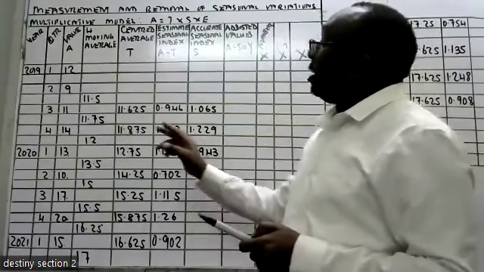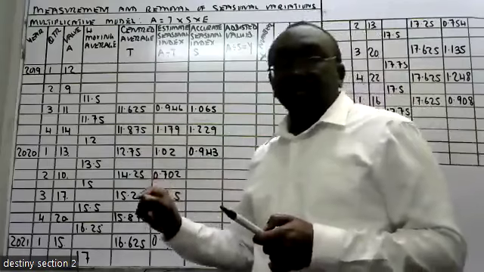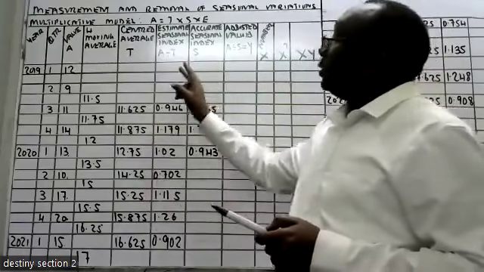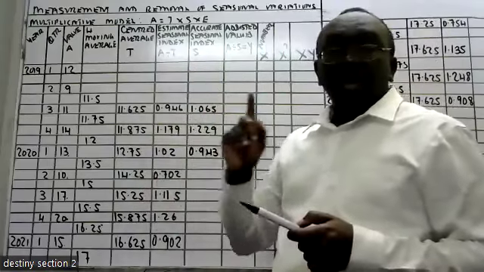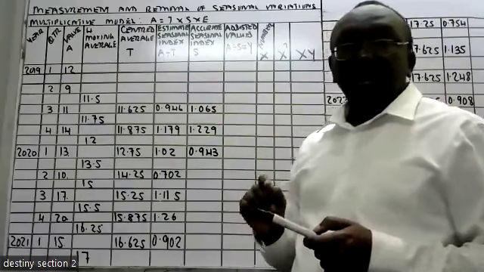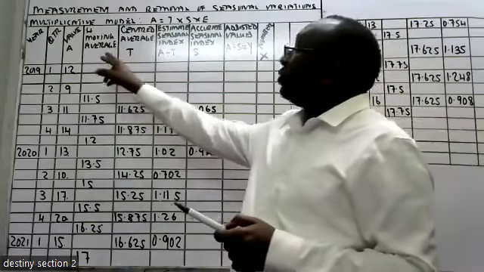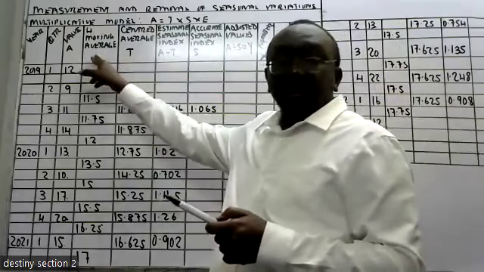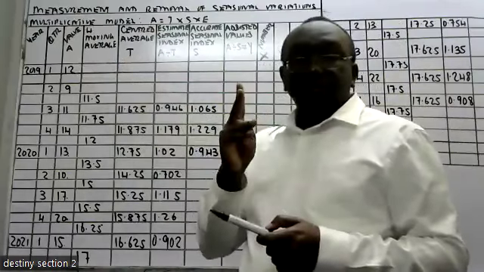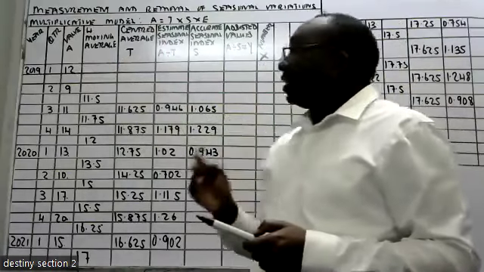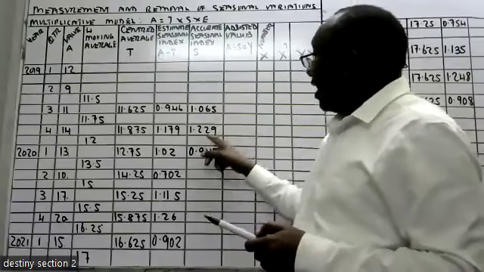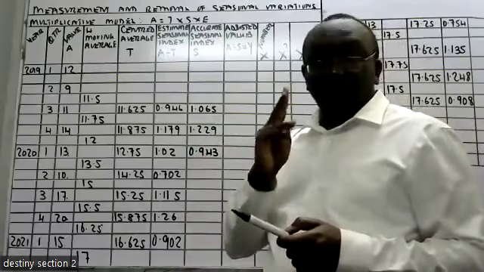Because when you are dealing with a multiplicative model, the seasonal indices should add to the number of moving periods that you are using to compute the moving averages. So we are using 4. So in the multiplicative, the 4 seasonal values should add to 4.